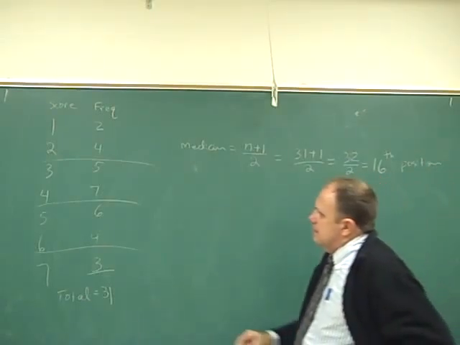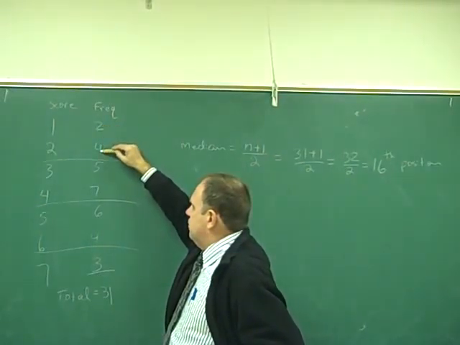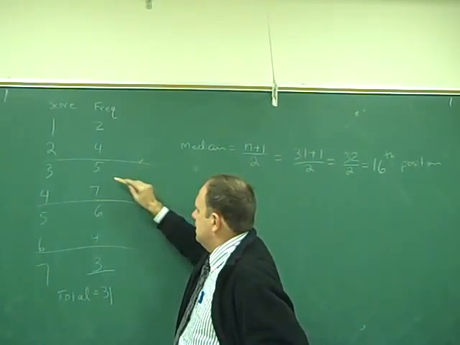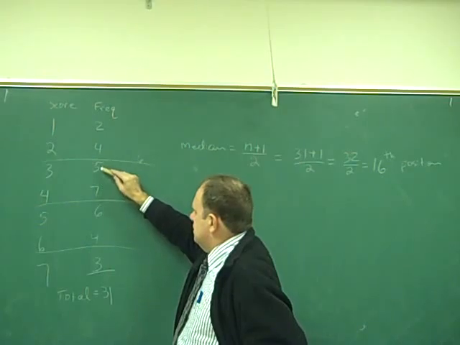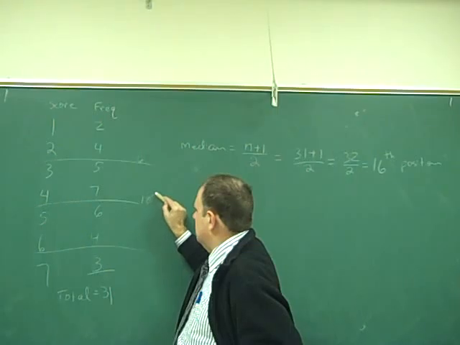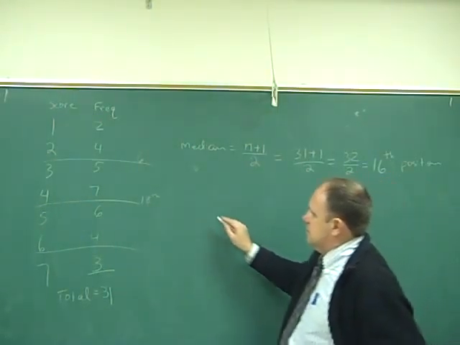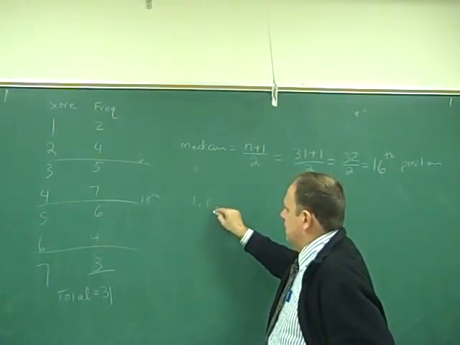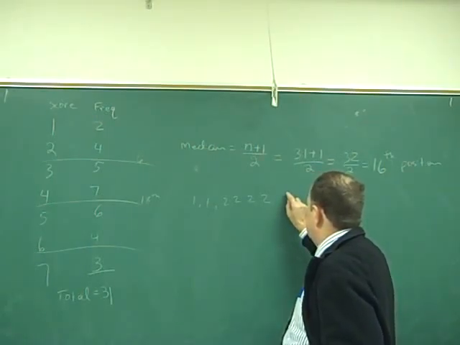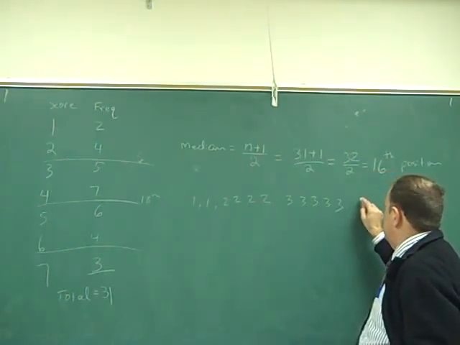Okay? Well, we've got 2, this is 4, that makes it 6, right? 6 and 5 is 11. 11 and 7 is going to be 18, right? So if we were to string these out, okay, we'd have 1, 1, right? 2, 2, 2, 2, and then 5 3s. And then 7 4s.